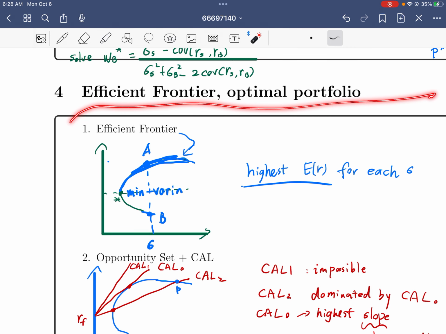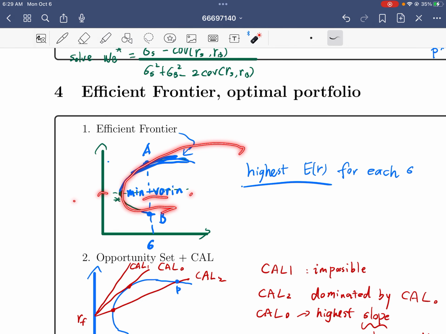Then we looked at the efficient frontier and the optimal portfolio. What is the efficient frontier? If you look at our opportunity set, the curve above the minimal variance is our efficient frontier. For example, points A and B give a certain level of risk.